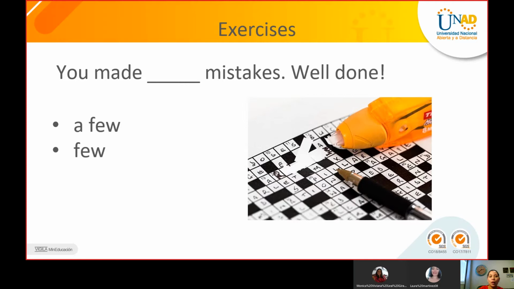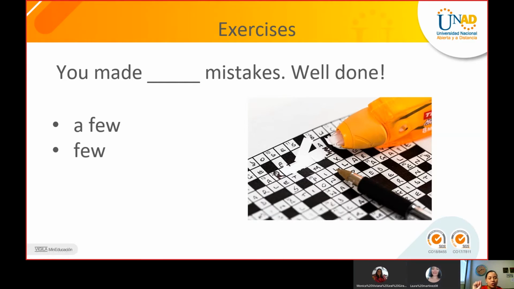Well done because you made few mistakes, so you didn't make many mistakes. So remember, few is not many in this case because it's countable, not many mistakes.